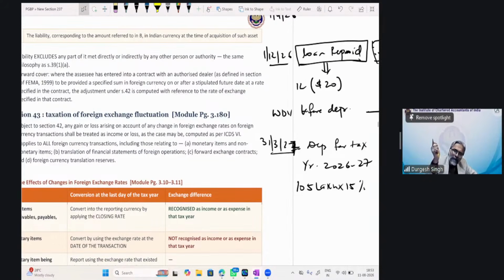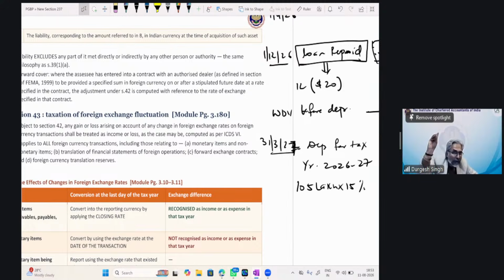And against this foreign asset, do we have any corresponding foreign currency liability exposure? Read the question. Just check: have we acquired any foreign asset, and against it do we have any foreign currency liability exposure? If these two are there, then it is section 42.